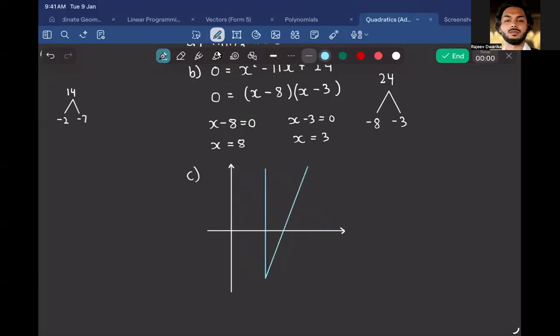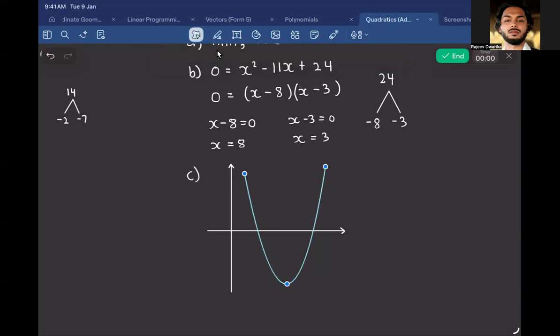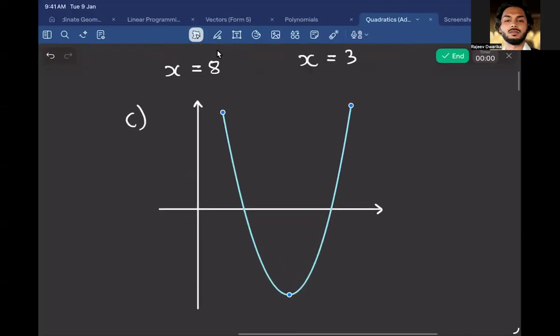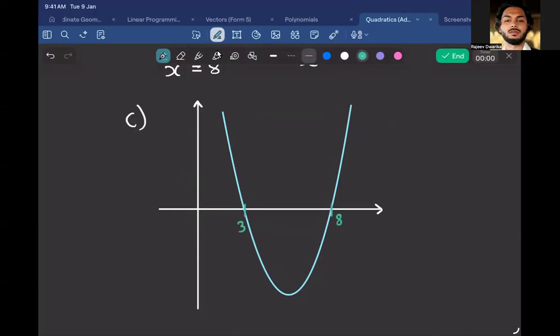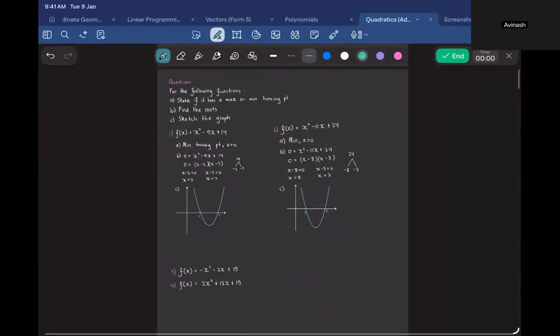I'm actually trying to draw a curve. Right, so Avinash, this is going to be 3 and this is going to be 8. You okay with that? Yes, sir. Great.